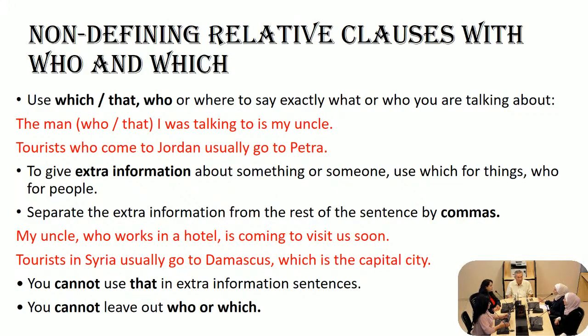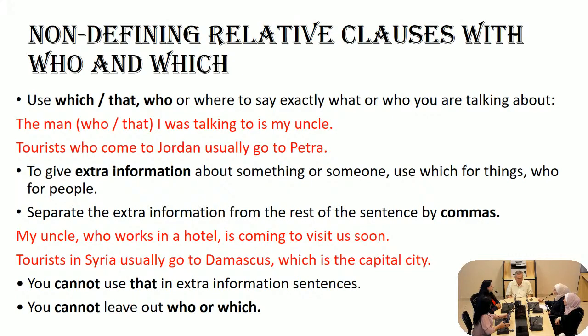Separate the extra information from the rest of the sentence by commas, and that is a hint that it is non-defining, because we are adding extra information. What do we mean by extra information? We can delete it without any change to the meaning of the sentence.